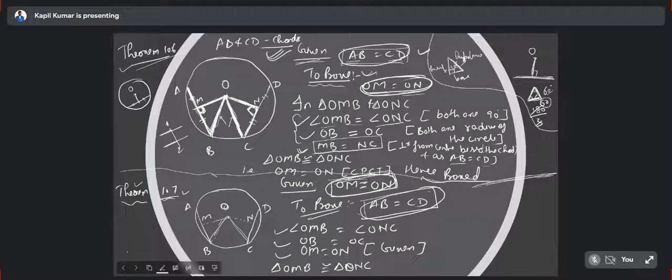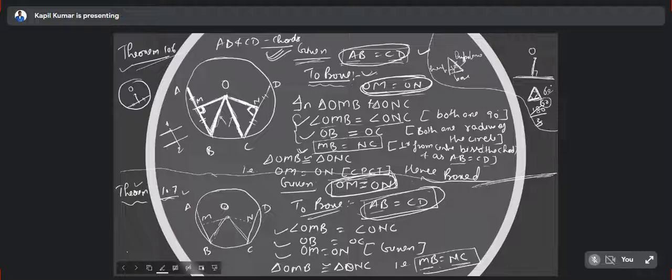And if the triangles are congruent, we can say that MB is equal to NC. So we have not got AB equal to CD, but we have got MB is equal to NC.